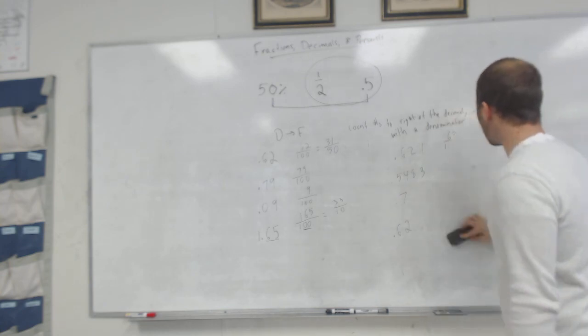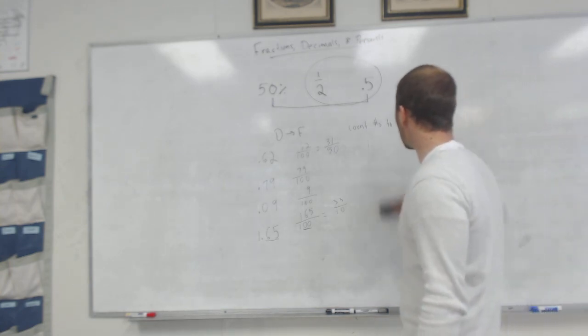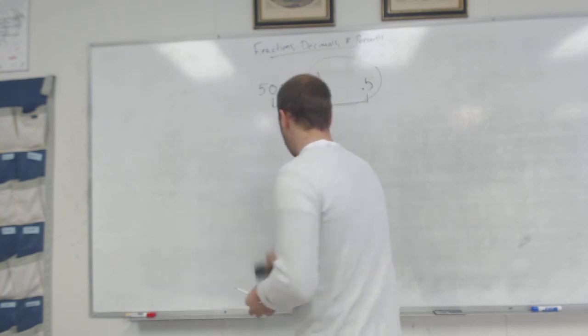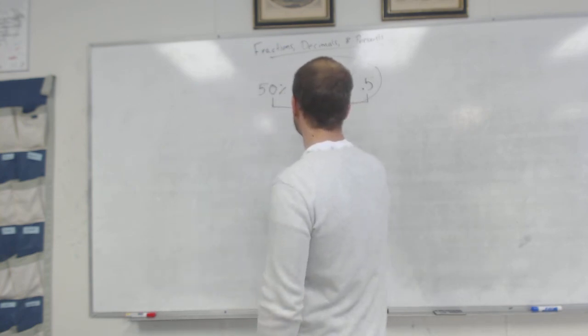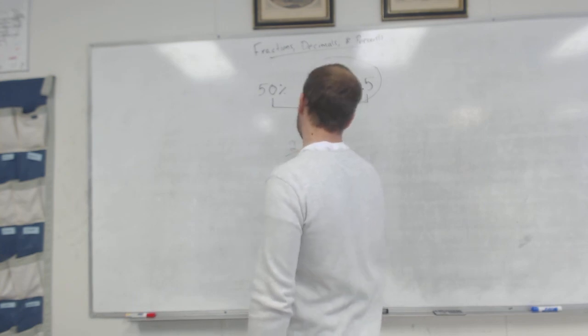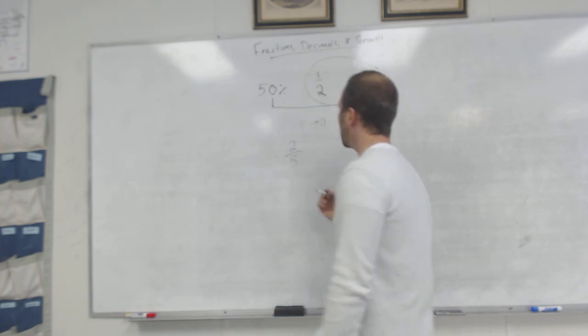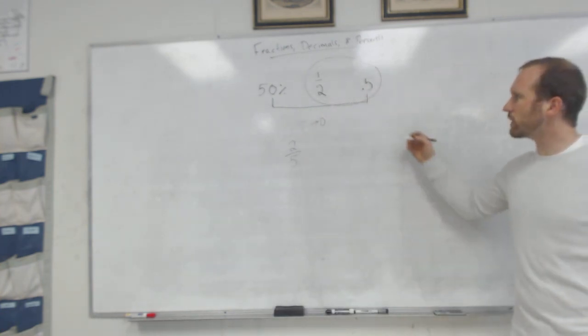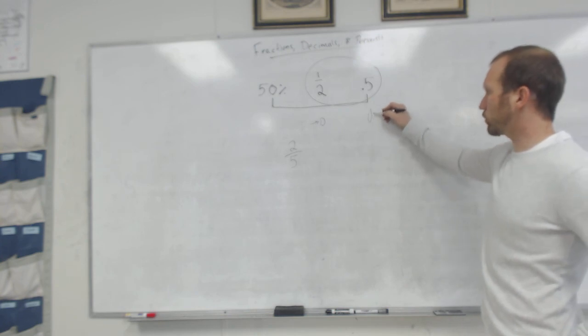Now, going from a fraction to a decimal is actually way easier. How do we go from a fraction to a decimal? If I had the fraction 2/5, how do I make that into a decimal? And to do this, we just remember one word. Divide.